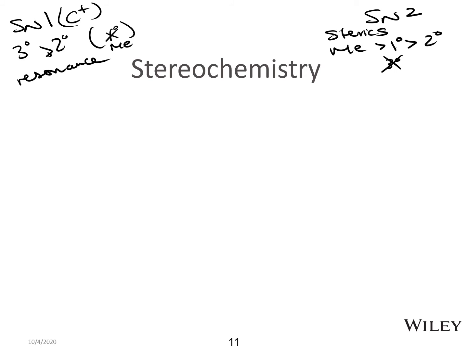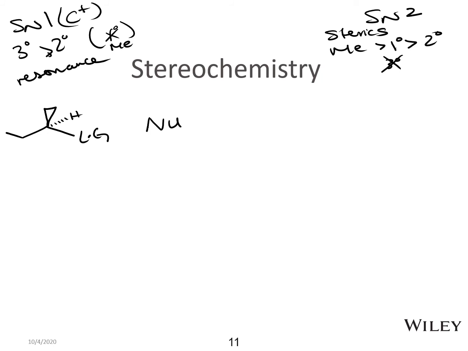So that brings us to what happens in terms of stereochemistry. What if I have a molecule that has some sort of stereochemistry? This is not going to make a difference with methyls or primary because there's no stereochemistry, but what if I had a molecule like this? You have your leaving group, you have a chiral center here, remember you have an understood hydrogen, and you're going to do an SN2 reaction.